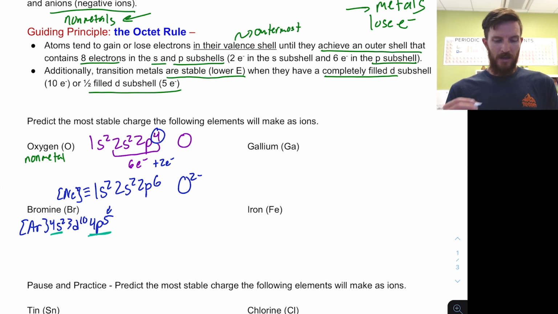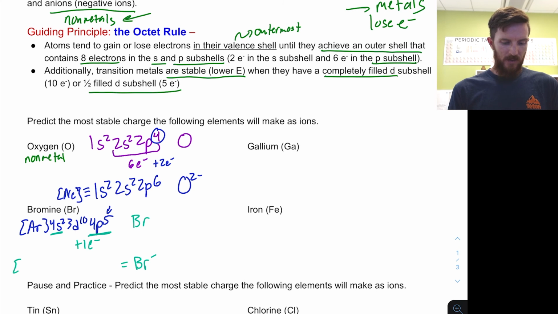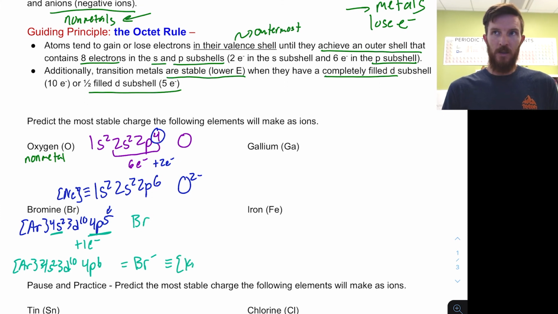So we need to gain 1 electron to give us Br minus, and that would give us argon 4s2 3d10 4p6, which we could see is the same as krypton for our electron configuration. And so those were our nonmetals. Those are ones that gain electrons.